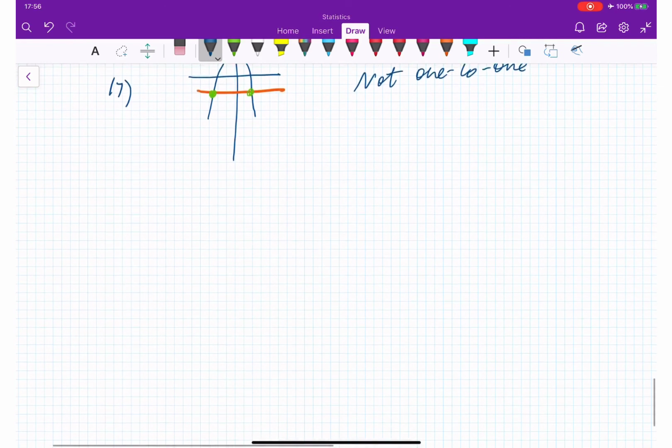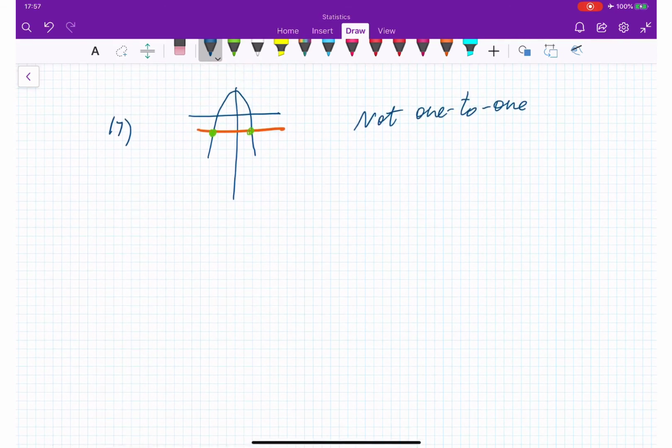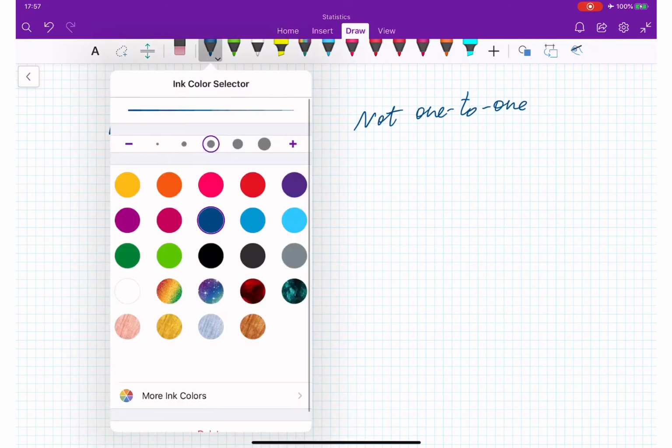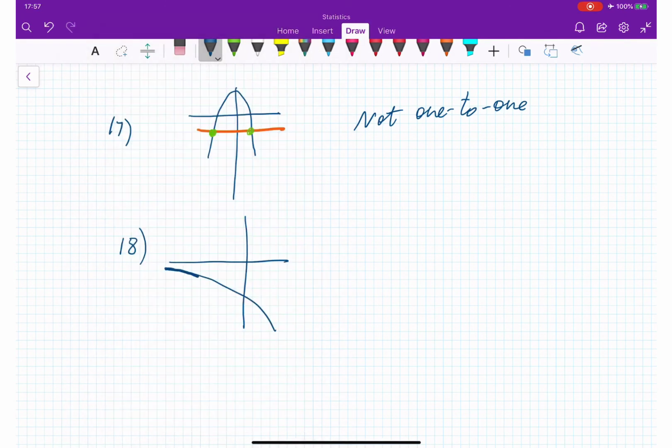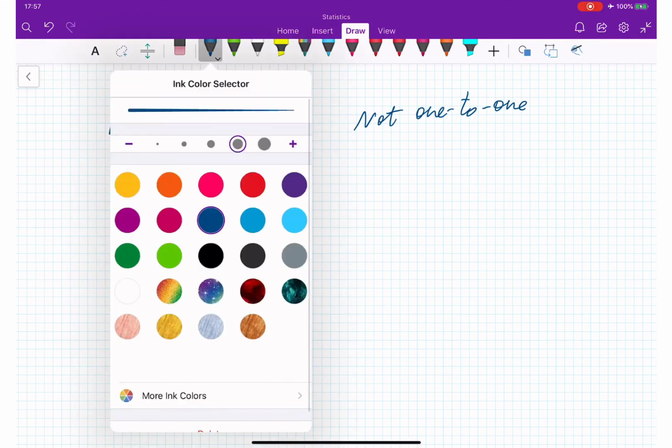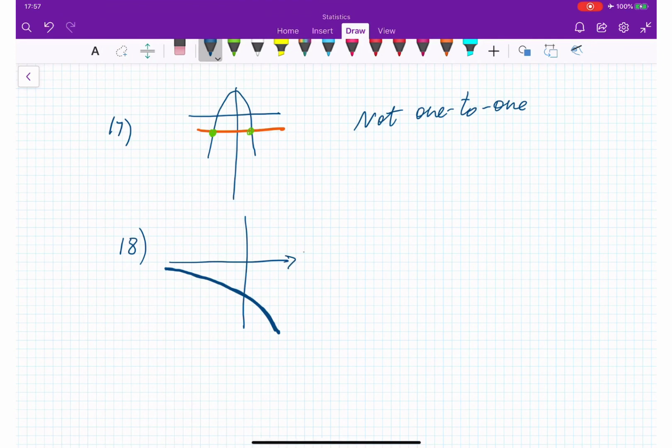Question number 18. So the graph of function is this. Okay, this is our x, this is our y.